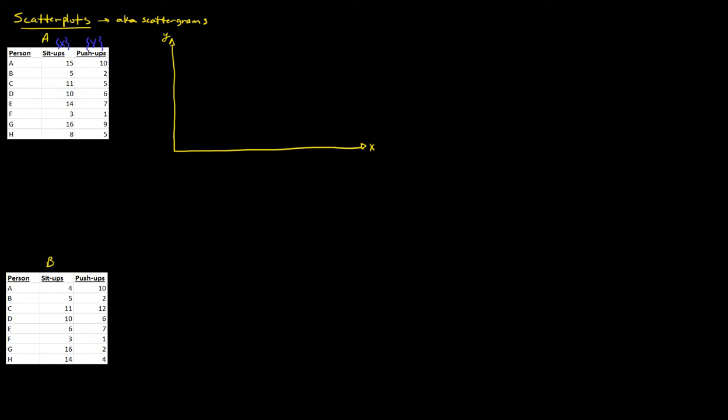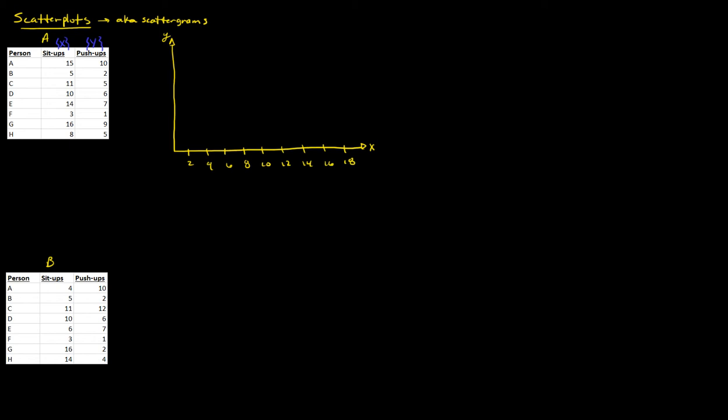So for person A, well, let's get our graduations here. If we look at the variable x, sit-ups, our highest value here is 16. So let's count this off by twos. 2, 4, 6, 8, 10, 12, 14, 16, and even though we don't have a number above 16, we'll take it up to 18.